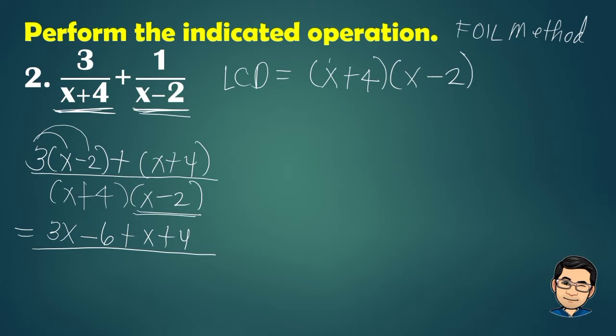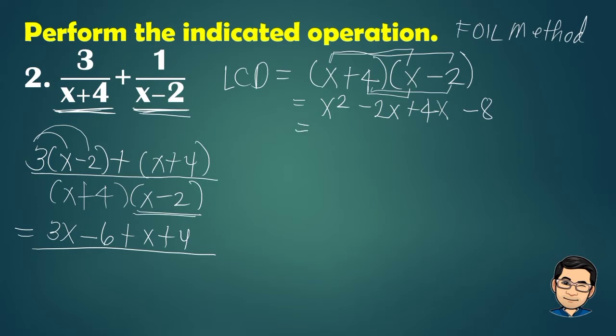So, dalawang first, x times x, that is x squared. And then, outer, x times negative 2, negative 2x. Inner, 4 times x, that is positive 4x. And then, last, 4 times negative 2, that is negative 8.